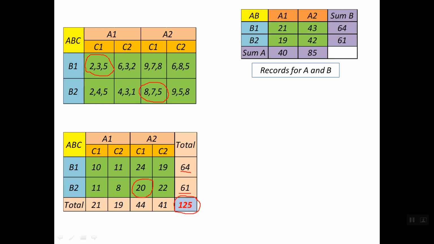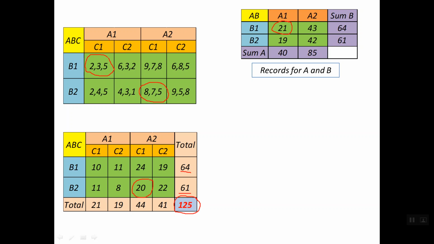We need to make records for each 2 factors in order to facilitate the calculation. For example, for the records for A and B, simply here we ignore the third factor, which is factor C. So, for example, this number here, which is 21, represents the group which contains A1 and B1.